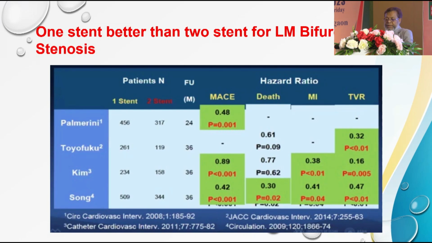One stent is better than 2 stents for LM bifurcation stenosis. Many of the trials have shown that in approximately 70% to 80% of lesions a single stent strategy is better, and DK crush 5 and another DK crush trial are all in favor of a single stent strategy.